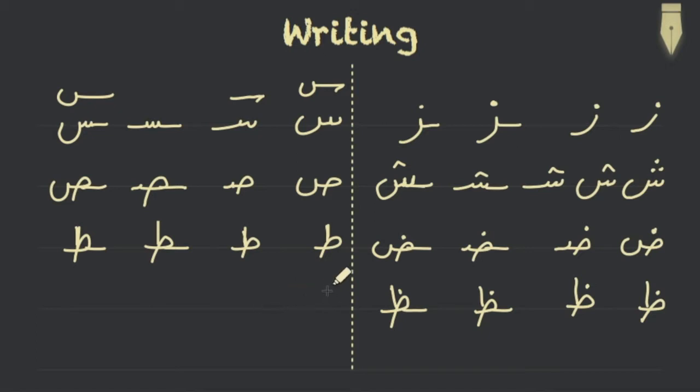For the ayn, you start from the right, then you go below, then again right, and then you go below the line. For the initial form, you draw just the first part of it, and you finish on the line. So let me repeat this.